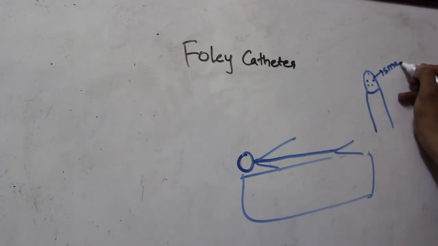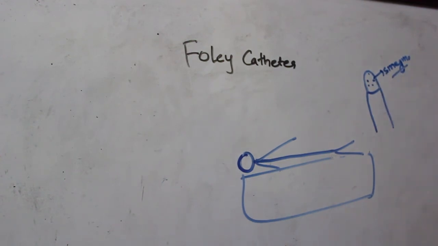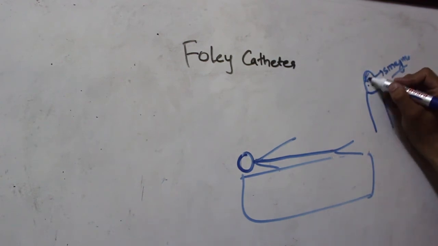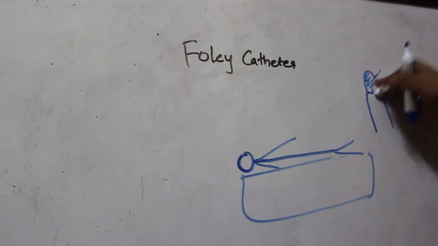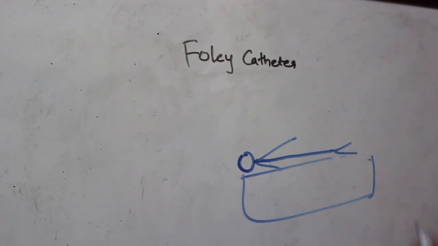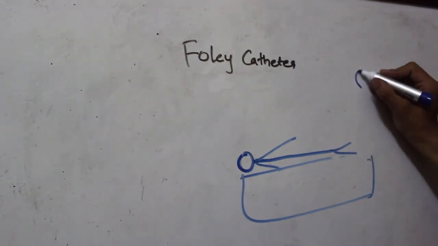There is something called smegma, which the foreskin of the glans penis secretes. So you have to clean the smegma so as to prevent infection, and then you have to use the antiseptic solution or betadine solution on the foreskin as well as the glans penis.